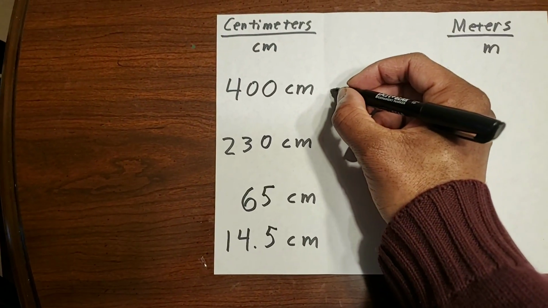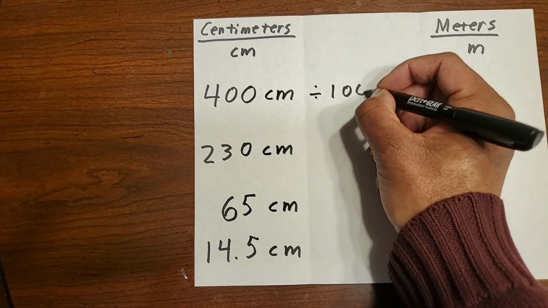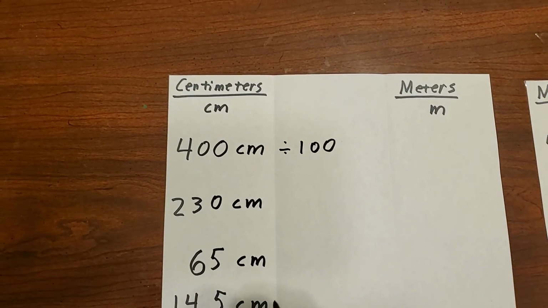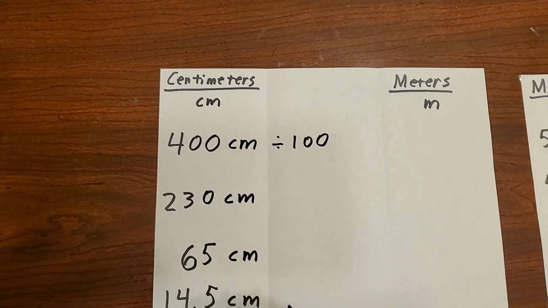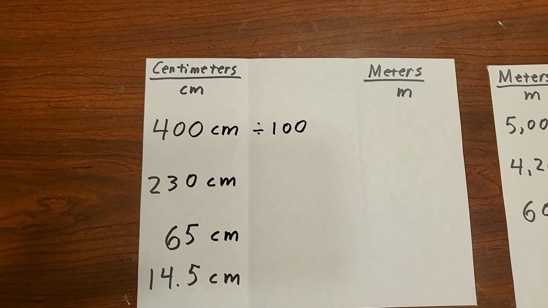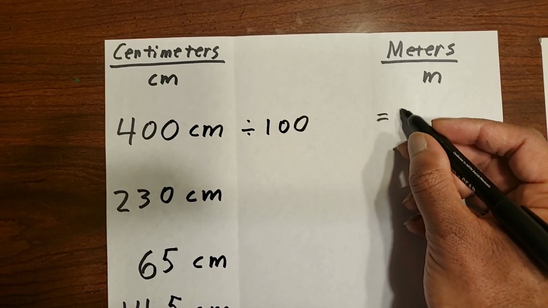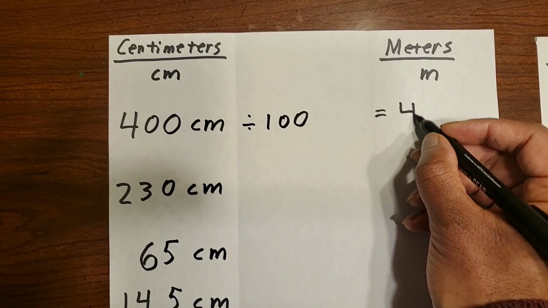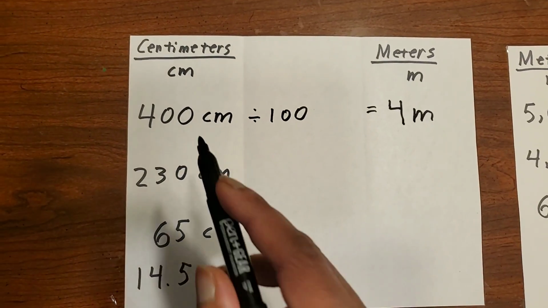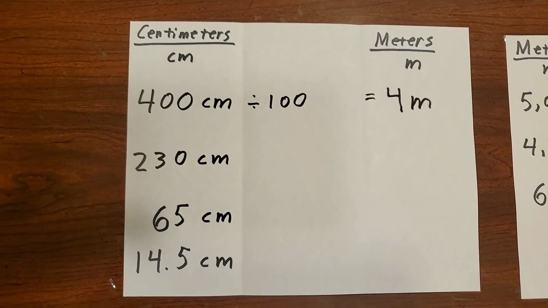If you said it's going to be 400 divided by 100, you are correct. 400 divided by 100 equals, with your calculator, or use your brain and move the decimal places. What are you going to get? If you said I'm going to get 4, you are correct. 4 what? 4 meters, because we converted to meters. So 400 centimeters is also the same as 4 meters.